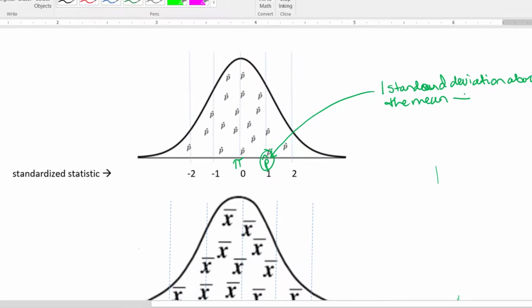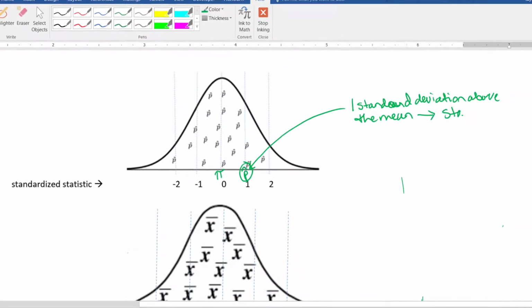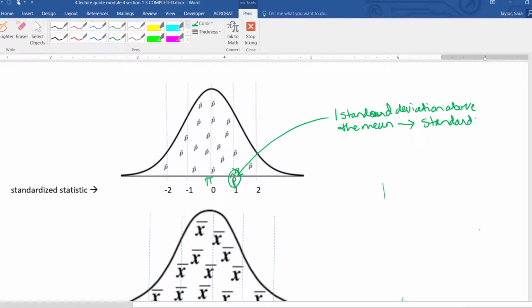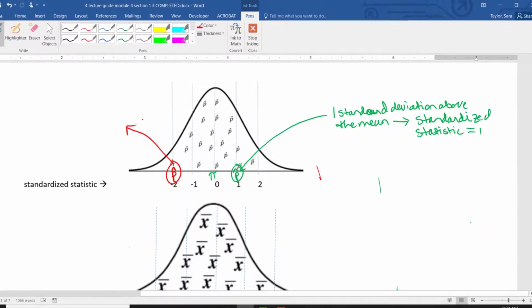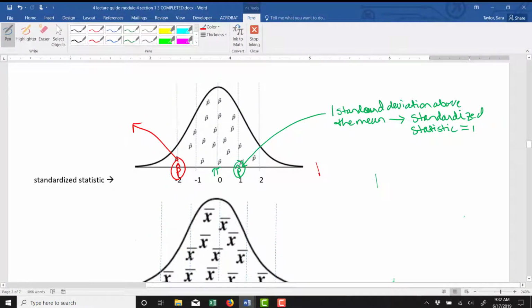And what that tells us is the standardized statistic equals 1. Let's say your observed statistic was right there at that second line down. That would mean that your statistic is 2 standard deviations below the mean. So that means the standardized statistic is -2.